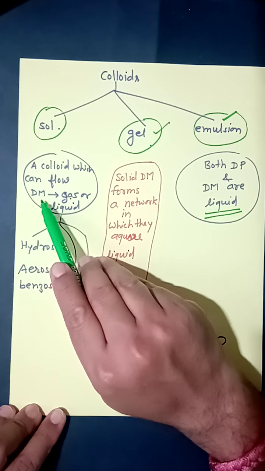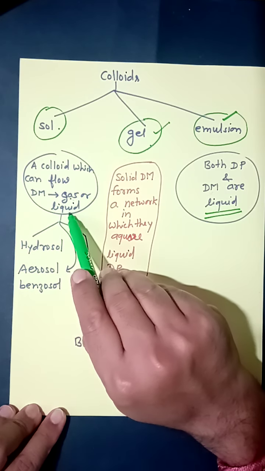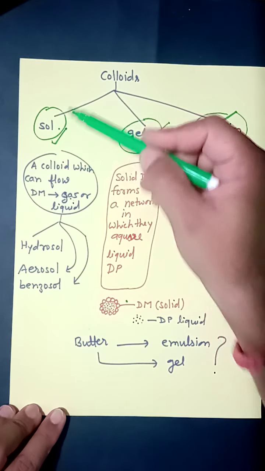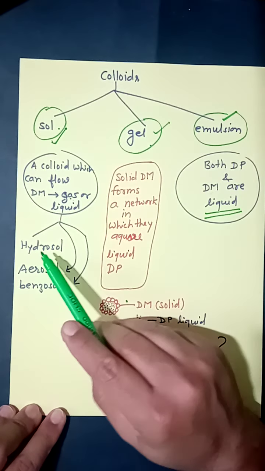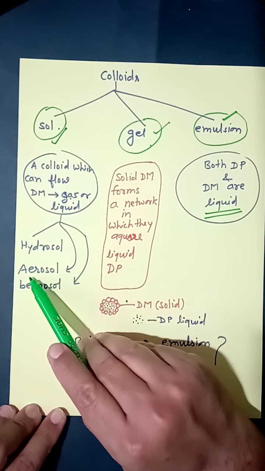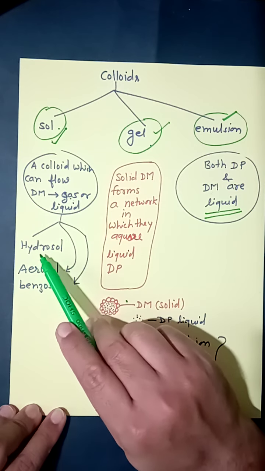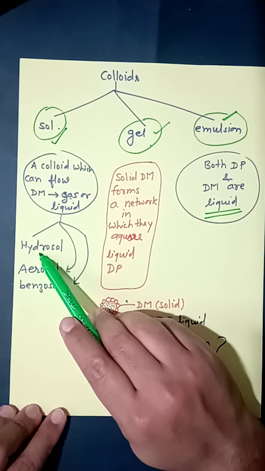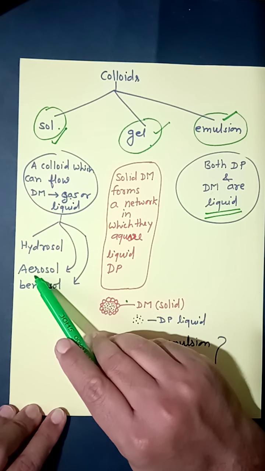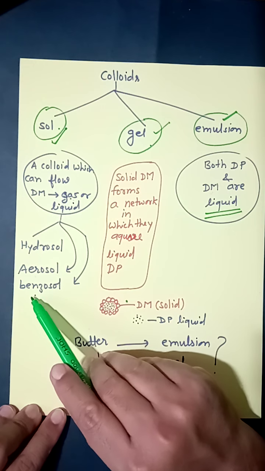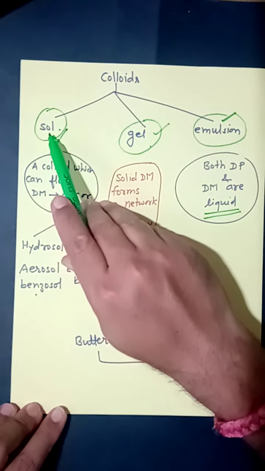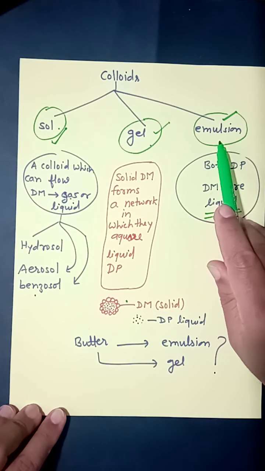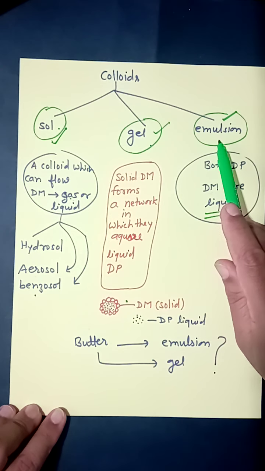So either the dispersion medium is gas or the dispersion medium is liquid, a colloid can flow, and that is considered as sol. Sols can further be classified as hydrosol, aerosol, benzosol. Hydrosol means when the dispersion medium is water, aerosol when the dispersion medium is air, benzosol when the dispersion medium is benzene. So if a colloid can flow, it is sol. If both disperse phase and dispersion medium are liquid, then it is emulsion.